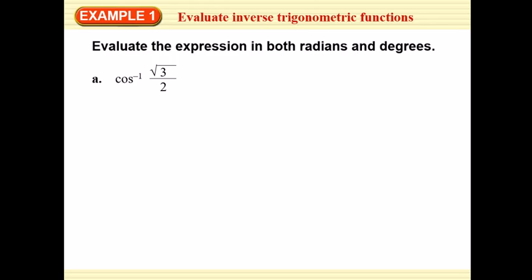Evaluate the expression in both radians and degrees. Alright, so that value right there should look familiar, especially if you've memorized your sine, cosine, and tangent table for 30, 45, and 60 degrees. Keep in mind, you should be able to construct this fairly easily. There's only 3 values you need to memorize. So the sine of 30 is 1/2, which makes cosine of 60 1/2.